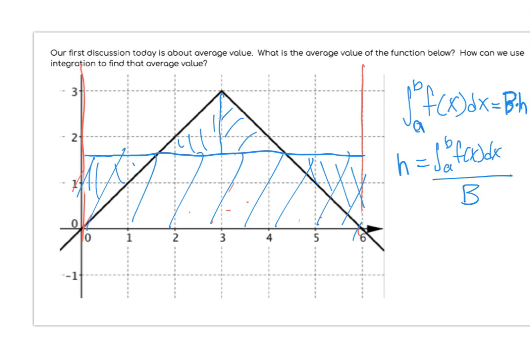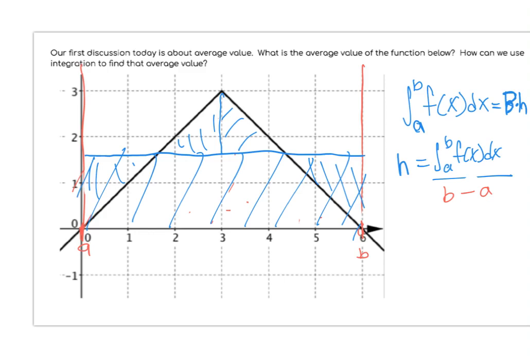And one thing I'd like you to know, and Groot would like you to know as well, is that we're going from A to B, so my base is actually going to be B minus A, the length of that interval.